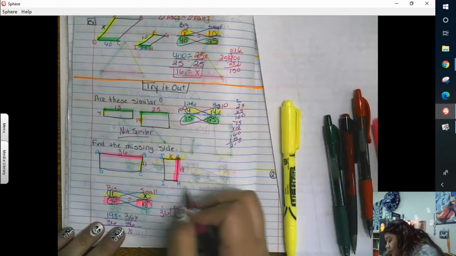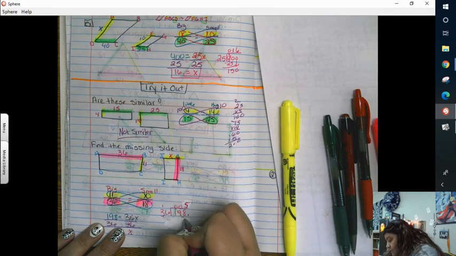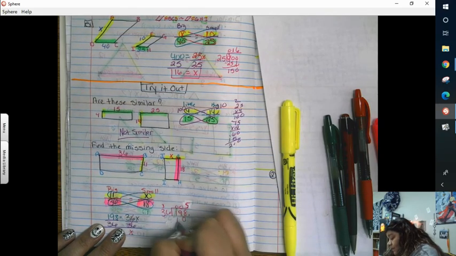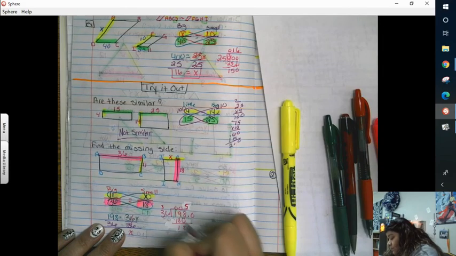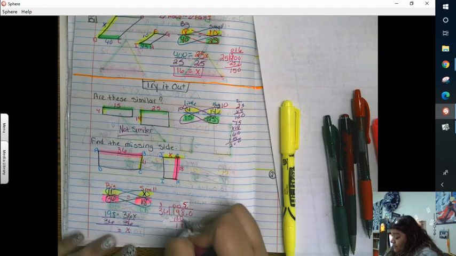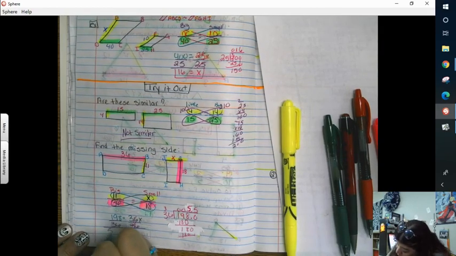Okay, 36 into 198, that should be 5. So 5 times 6 is 30. 180. Awesome. Go one more time. 36 into 180. I use ladder. 5. So x is equal to 5.5.